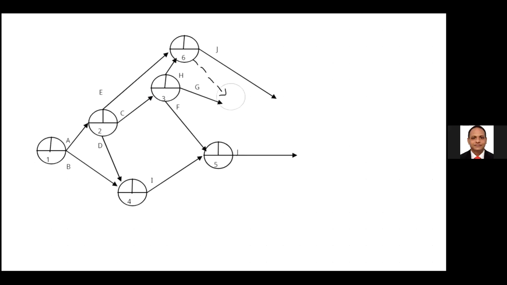We complete E, H, G, all three, after the 7th event. The 7th event represents the completion of E, H, G, where the dummy is. Then we can start K from the 7th event.